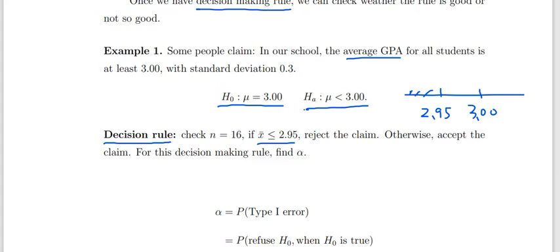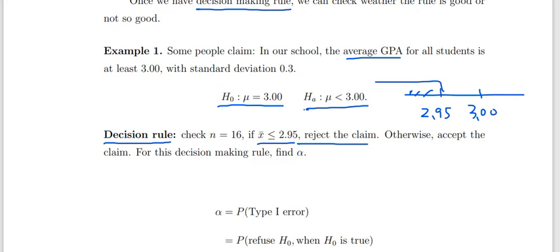If they have a small distance, like 0.05 between the two numbers, we believe such a distance is big. So this part we will reject, and this part we will accept.